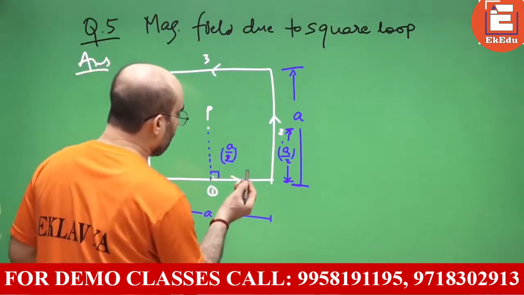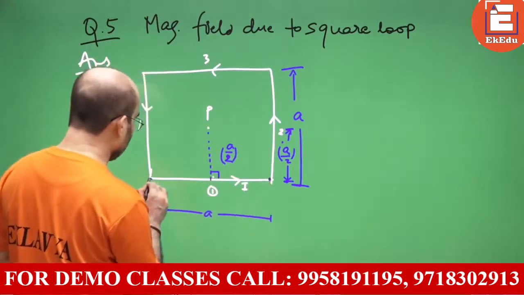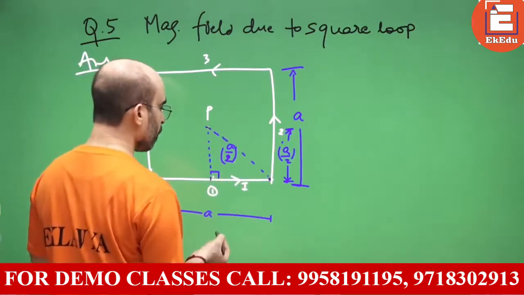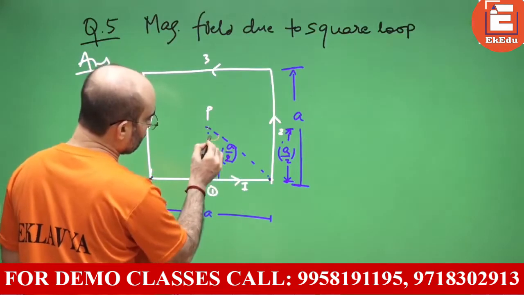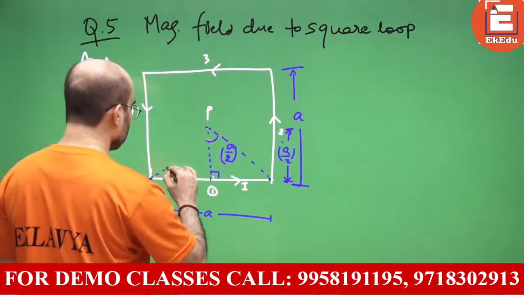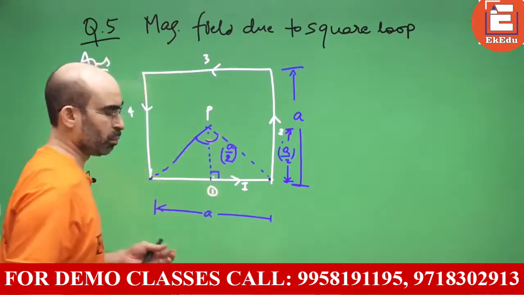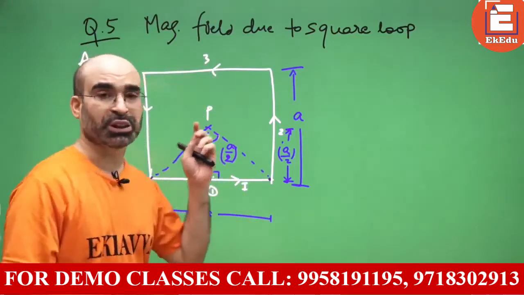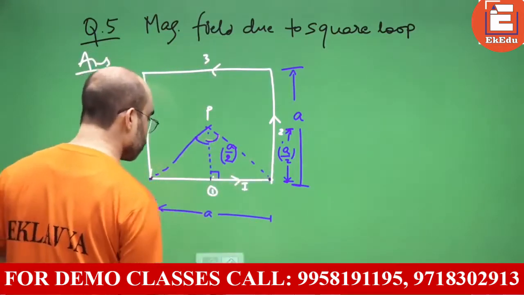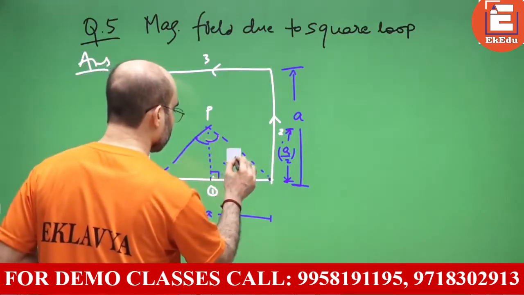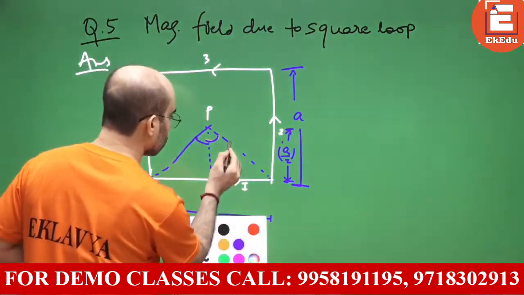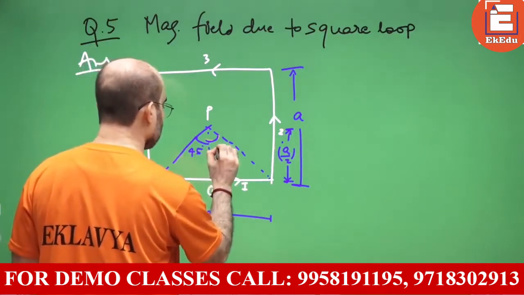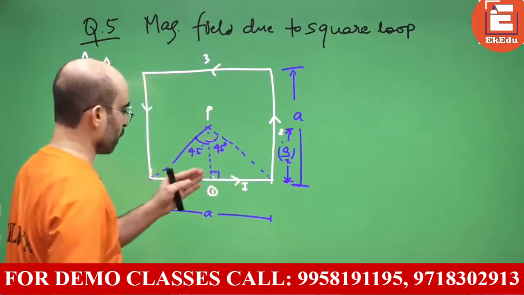Now this end makes some angle, this angle and this angle. It is quite easy to see that these two angles will be 45 degrees.